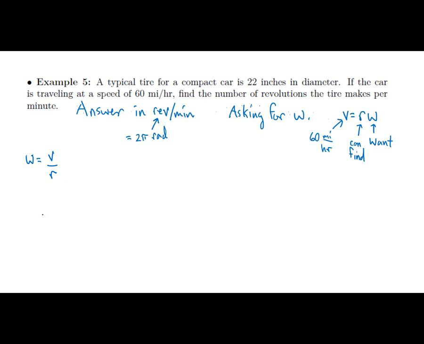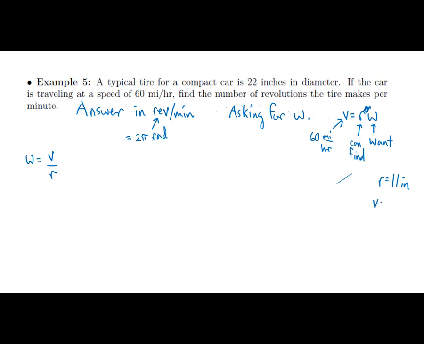Okay. So let's keep in mind, I want to get revolutions per minute, right? And I have velocity in miles per hour. My radius here, let me list it over here actually, is 11 inches, cutting the diameter in half.